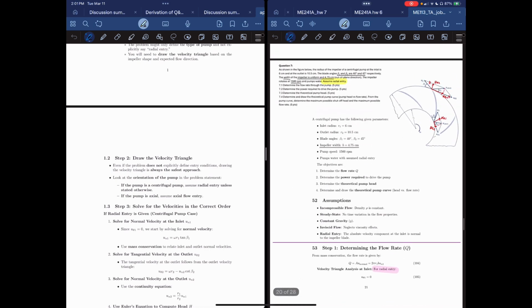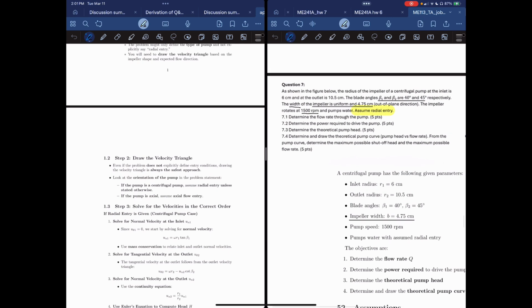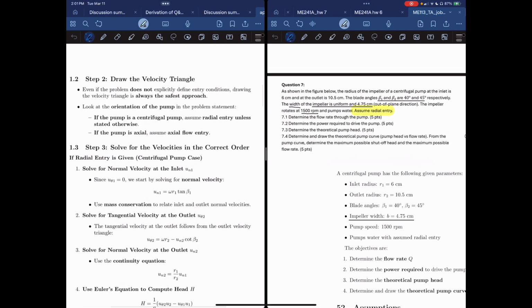I think it might be like this, where he'll tell you to assume radial entry, typically just radial or axial, and if it's centrifugal, it's probably going to be like this. Assume radial entry unless stated otherwise. If pump is centrifugal, okay.